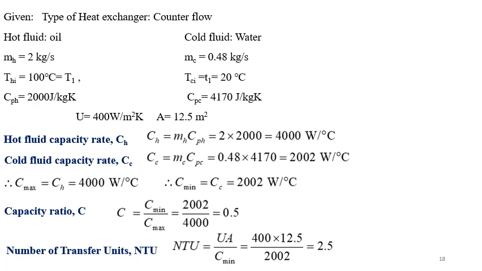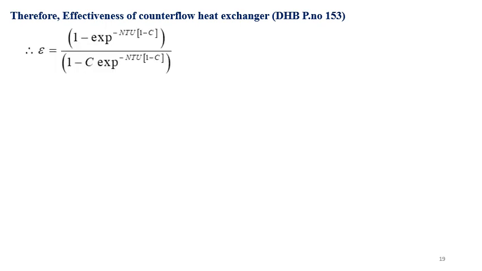So now you have the value of C and the value of NTU, so that you can calculate the effectiveness. Therefore, for a counterflow heat exchanger, on page number 153 it is given that effectiveness is equal to 1 minus exponential to the power minus NTU into 1 minus C, divided by 1 minus C into exponential to the power minus NTU into 1 minus C. This is the analytical method to find effectiveness.